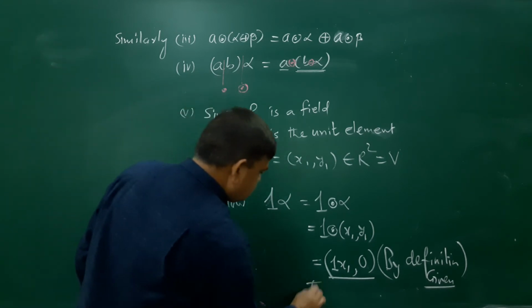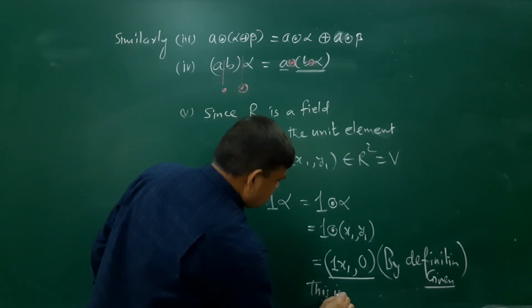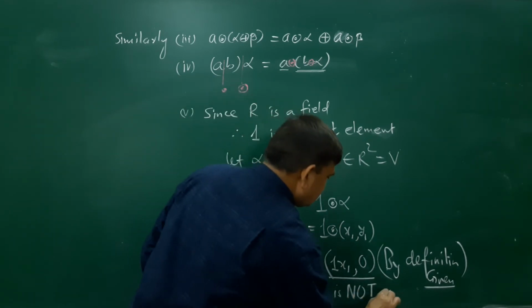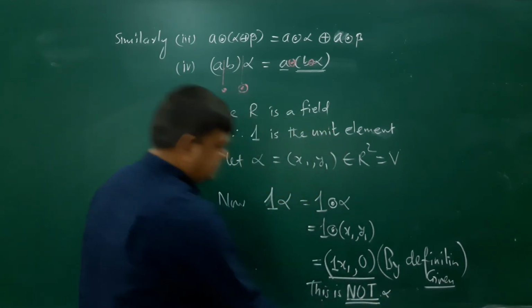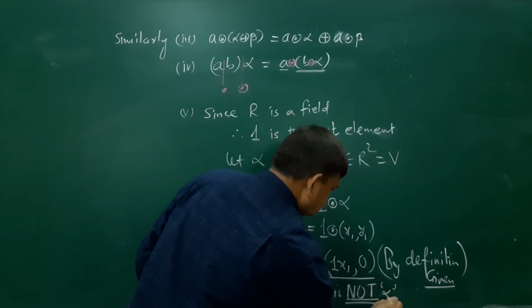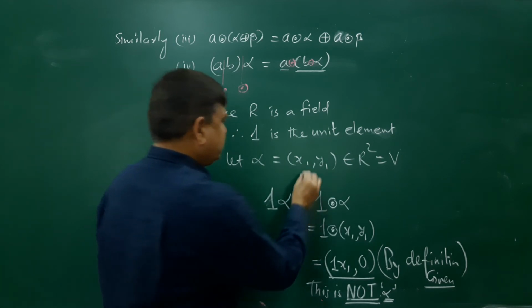This is not alpha, because alpha is x1 comma y1.